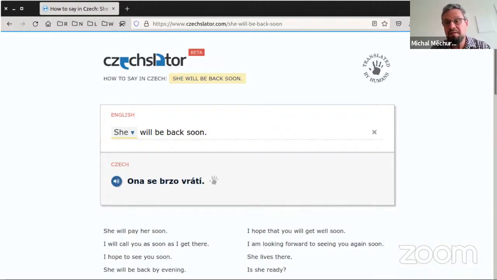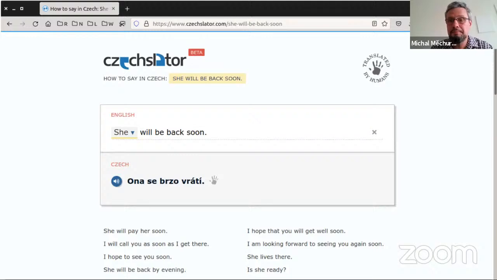So with CheckSlater, I'm hoping to take these ideas to the next level and to build something which is really broadly useful, right? Not something which is only limited to a narrow domain, something which has a very, very large number of sentences in it, a properly usable, useful search engine, a nice user experience, and things like that.